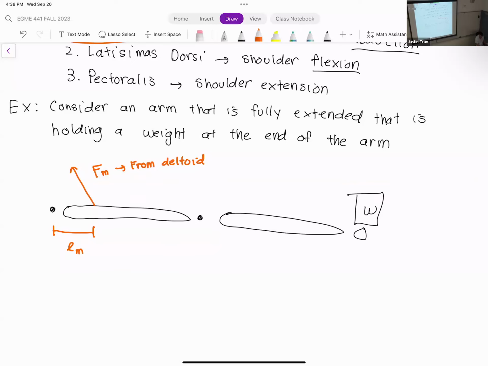We'll call this LM. And we also know the attachment angle theta. In addition to that, we are given the two lengths of the arm. We have the length of just the upper arm itself, which we'll call LA. And then we have the length of the entire arm, the length of both the upper and the lower arm. We'll call that L.